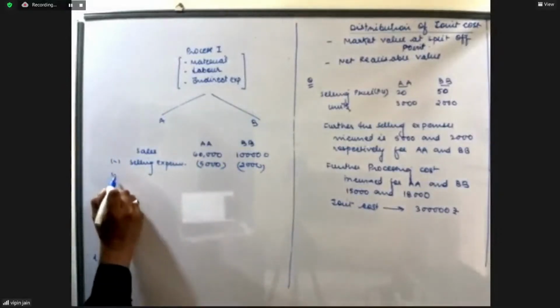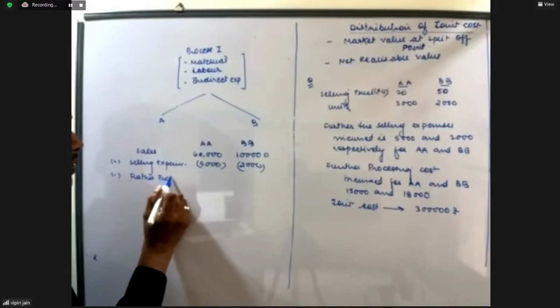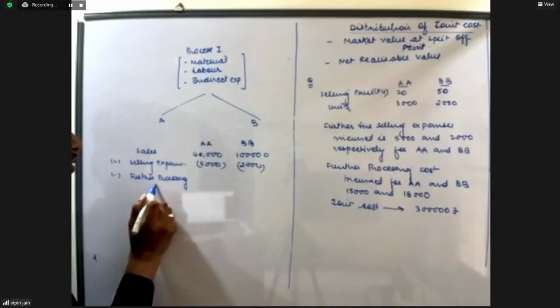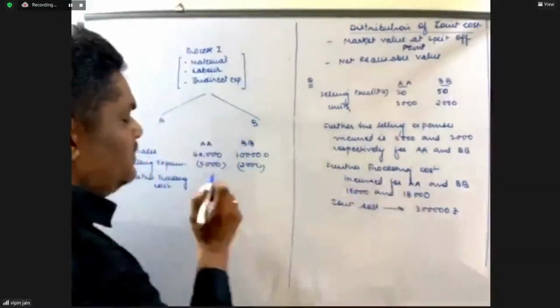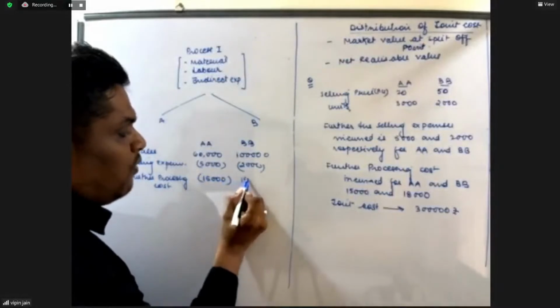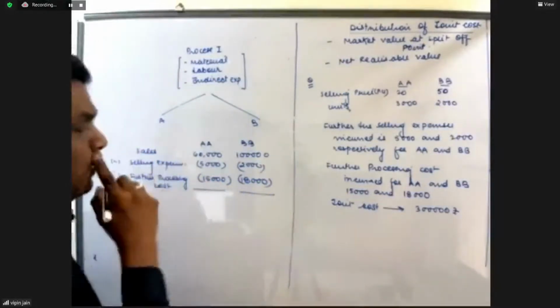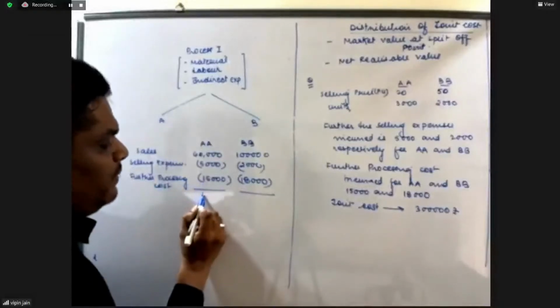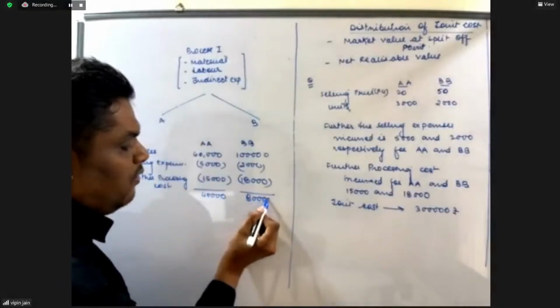My further processing cost is 15,000 and 18,000. So the final figure we'll be getting is 40,000 and 80,000.